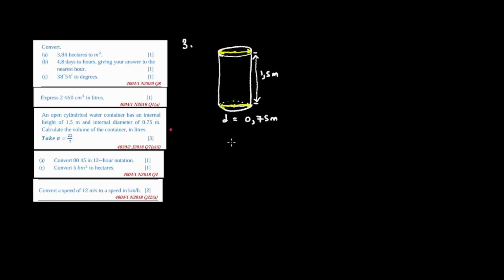So we are here now. What are we going to do? First we must know the volume of a cylindrical container. The volume of a cylindrical container is equal to base area times height.